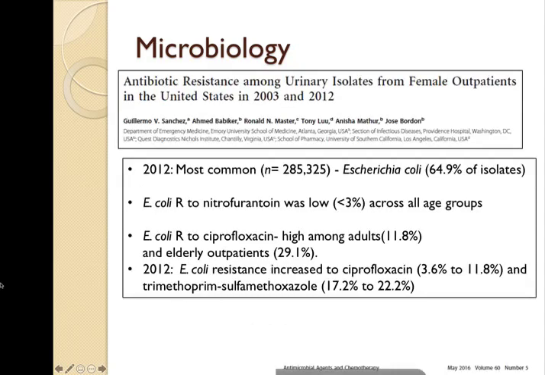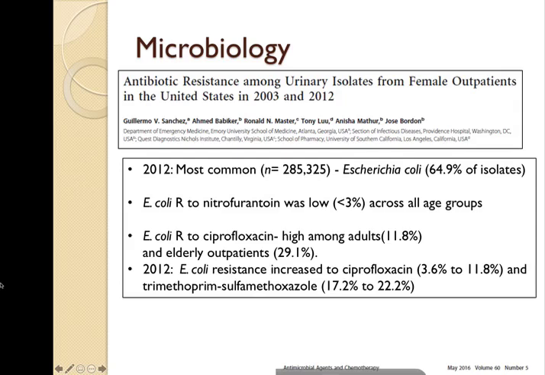I wanted to show you the results of this one study, which I think was published in 2013. So this is the study on antibiotic resistance among urinary isolates from women. They were treated for urinary tract infection in the outpatient settings back in 2003 and then in 2012. So as you can see, they had a lot of isolates. You see the number was close to 300,000.